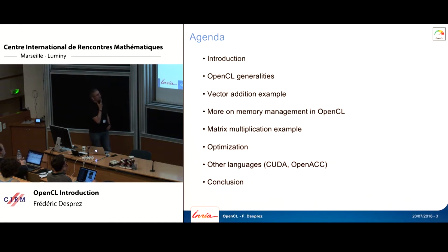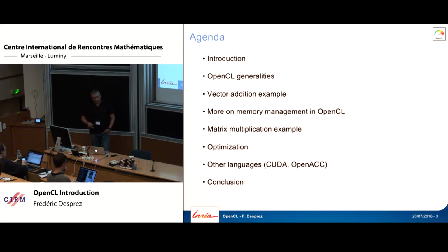So the agenda will be the following. There will be a short introduction, some generalities about OpenCL. I will give some examples, a very simple one first about vector additions. Memory management is, of course, very important for this kind of heterogeneous platform, as it is quite tricky to optimize data movements. So you have to be very careful about how you manage memory in OpenCL.